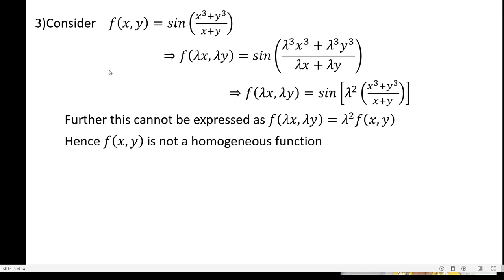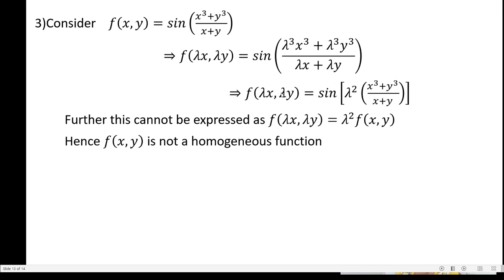Right, so look here. Consider a function f of x comma y equal to sine of x cube plus y cube divided by x plus y. Replace x by lambda x and y by lambda y in this function. f of lambda x comma lambda y is equal to sine of lambda cube x cube plus lambda cube y cube divided by lambda x plus lambda y.